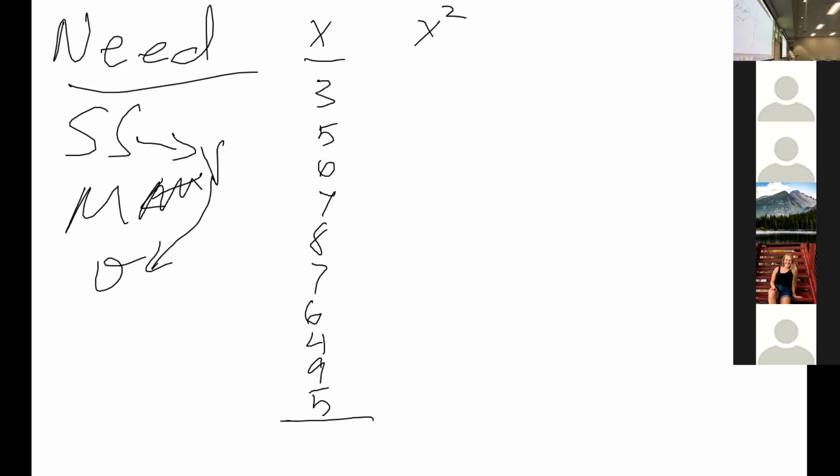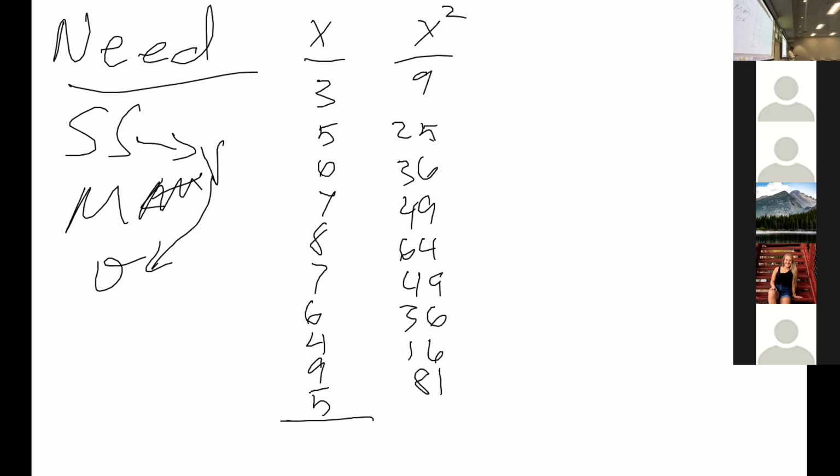We also need the sum of x squared, right? And so 9, 25, 36, 49, 64, 49, 36, 16, 81, 25. So we get our sum of x squared.